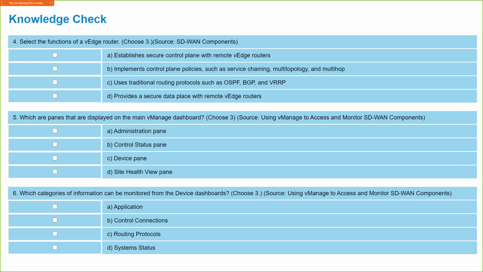And then question number 6. Which categories of information can be monitored from the device dashboard? Application, control connections, routing protocol, system status. Certainly control connections and system status.